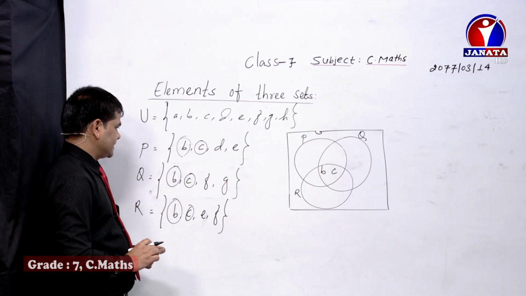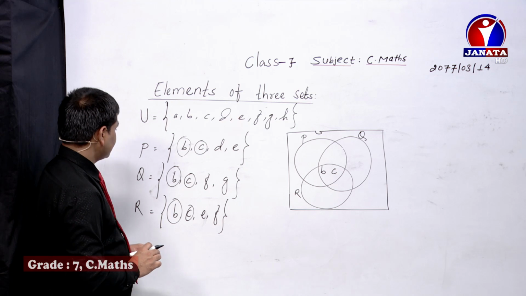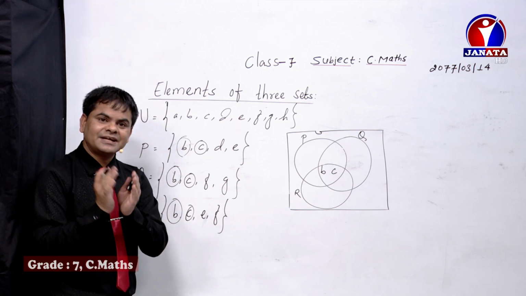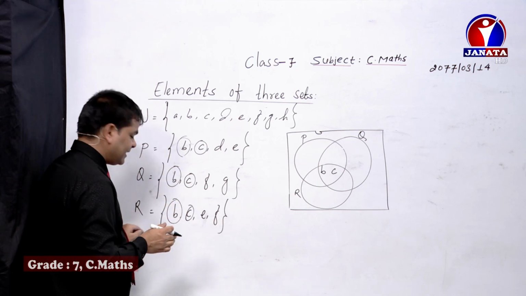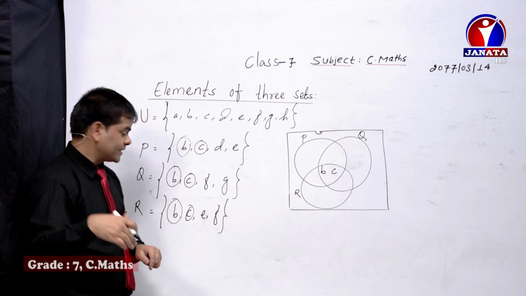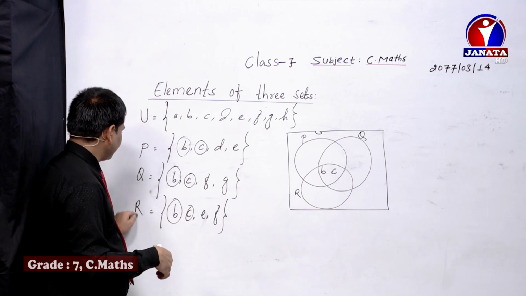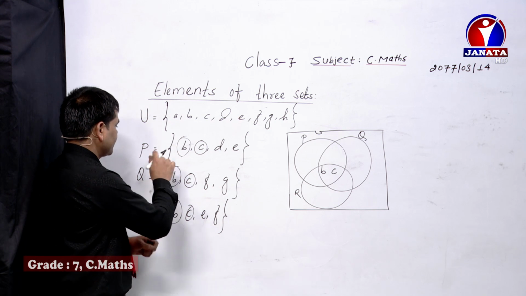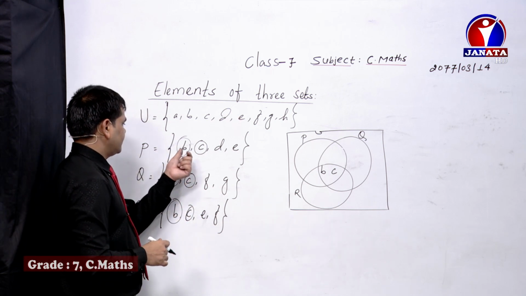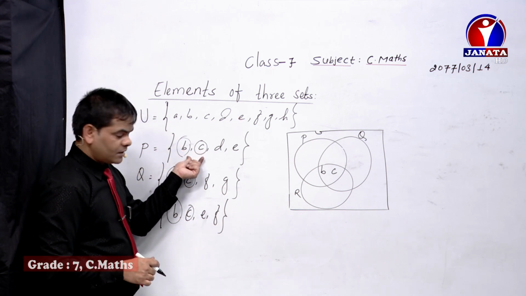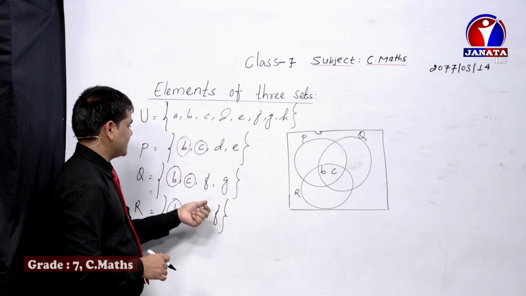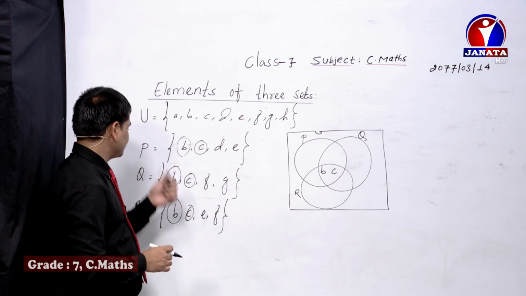Now, dear students, let's see the common elements of P and Q individually, and Q and R, similarly, and so on, P and R, Q and R, P and Q. So, in between P and Q, except those rounded off, are there any other remaining common elements between P and Q?